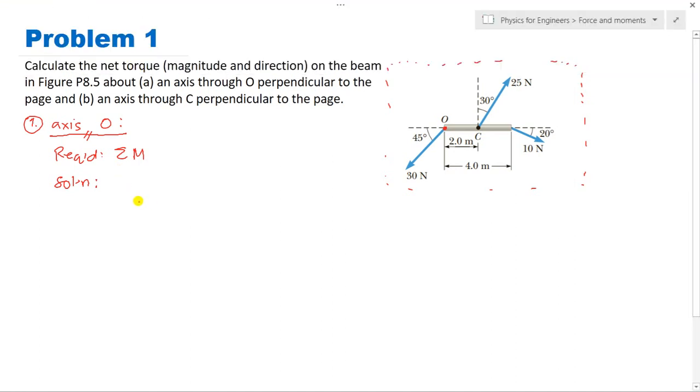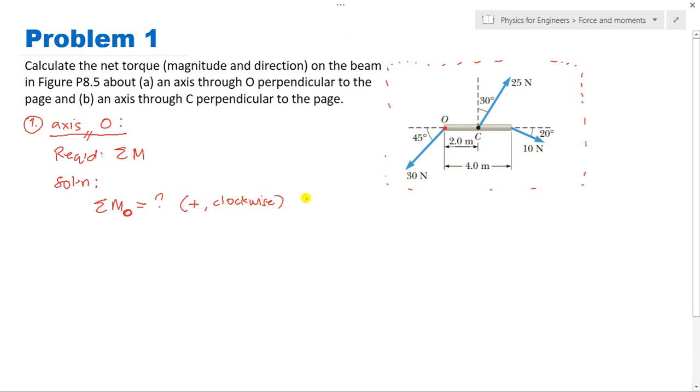So, the summation of moment along O, annotated with the axis as a subscript, is equal to what we don't know, since that is what we are looking for. We take positive if it rotates clockwise.